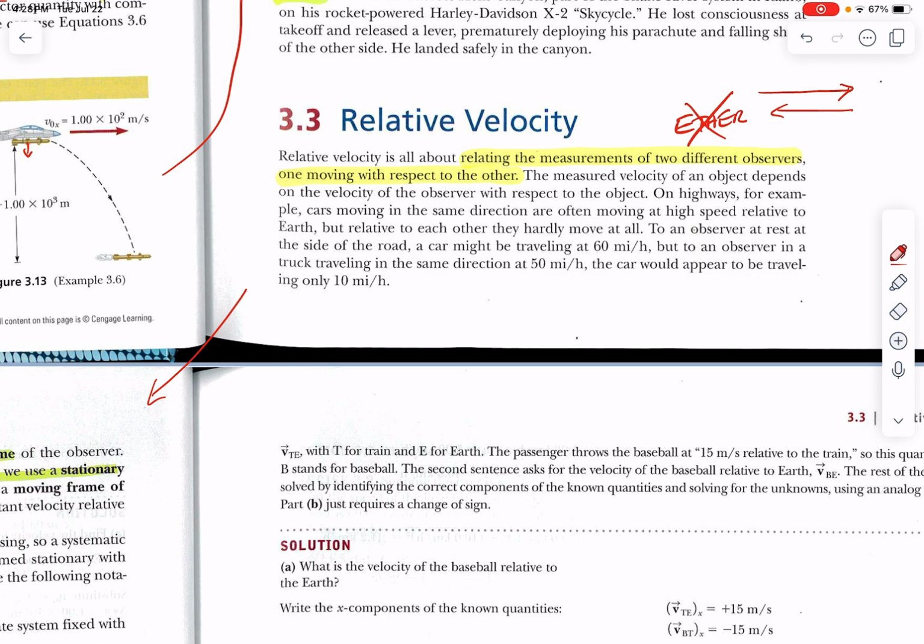Because you'd have to take the fact that the earth is spinning on its axis at the same time that the teacher's walking in front of the wall in the room. And then, of course, not only is the earth rotating on its axis, but it's going around the sun. And so there can be lots of frames of reference.